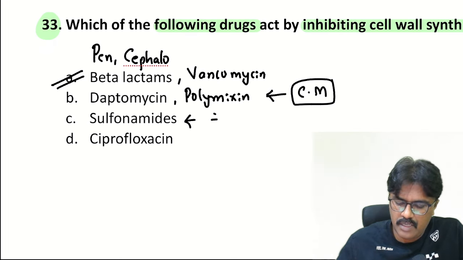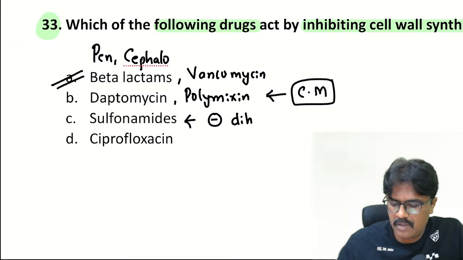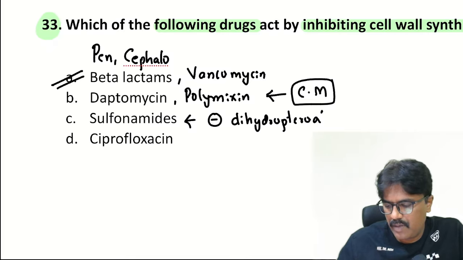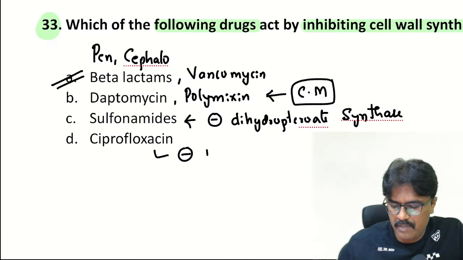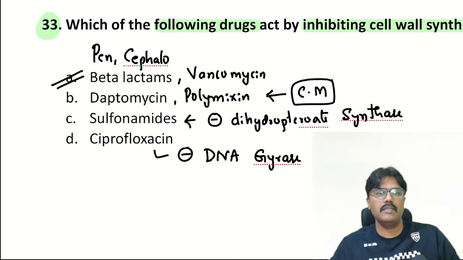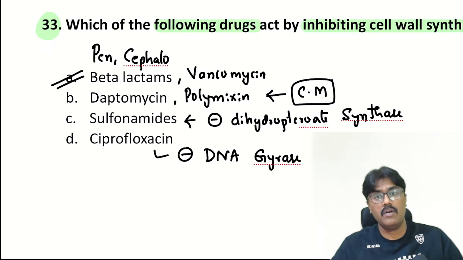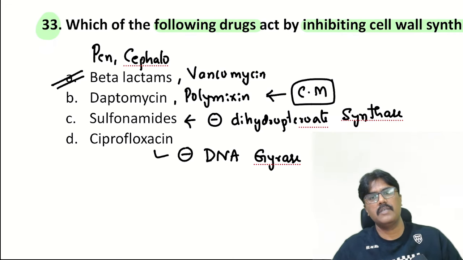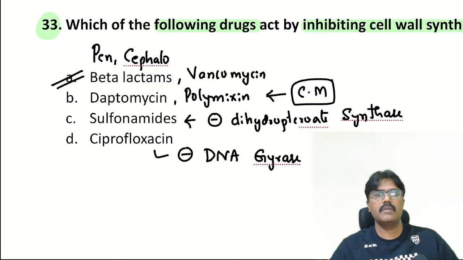Sulfonamides, they inhibit dihydropteroate synthase. And fluoroquinolones, they inhibit DNA gyrase mainly. So this is the mechanism of action. Other drugs like tetracycline, chloramphenicol, macrolides, azithromycin, clindamycin, aminoglycosides, all of them inhibit protein synthesis.